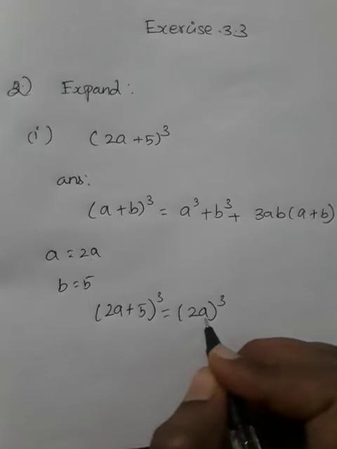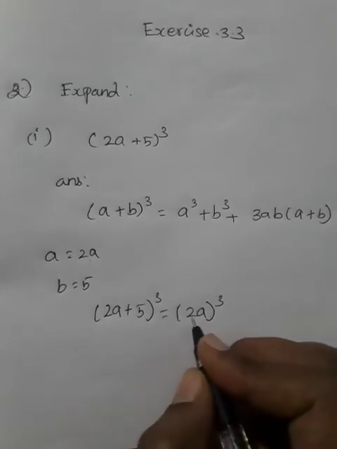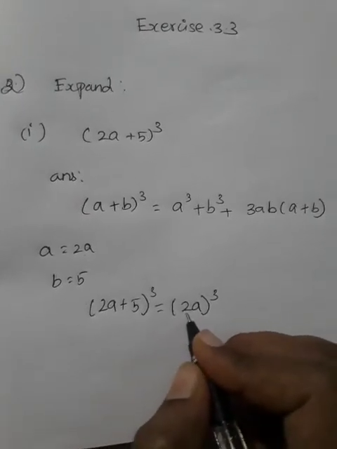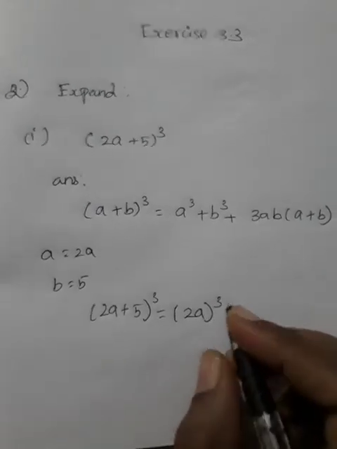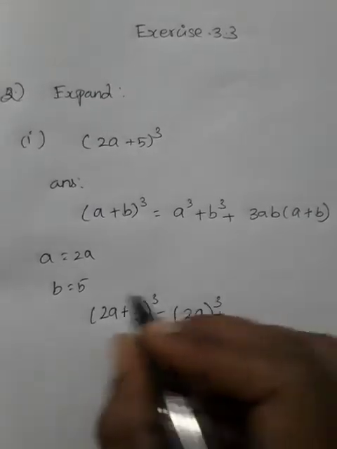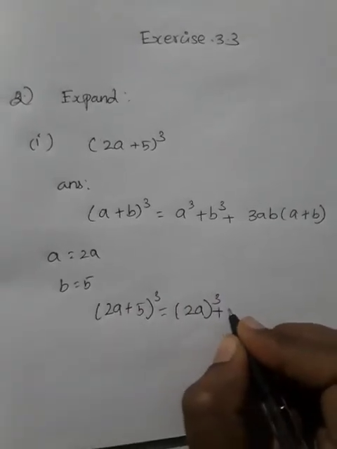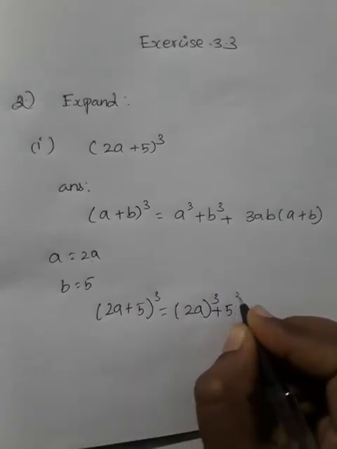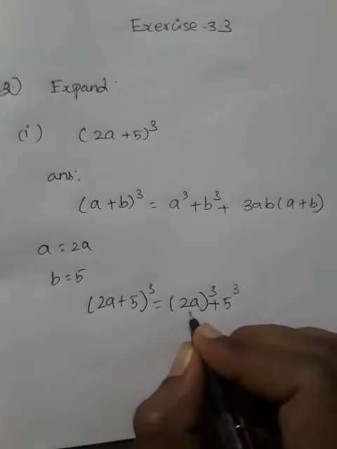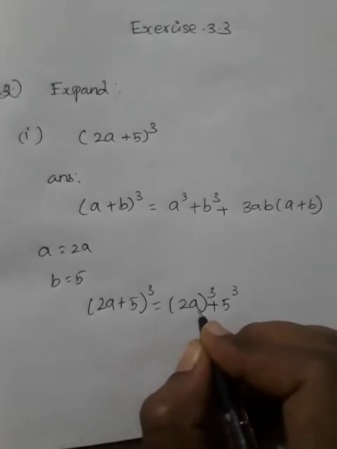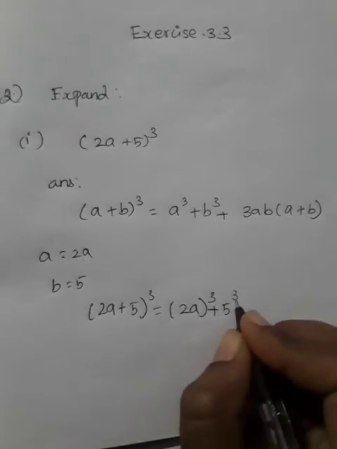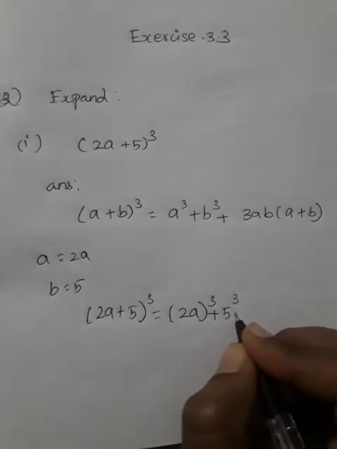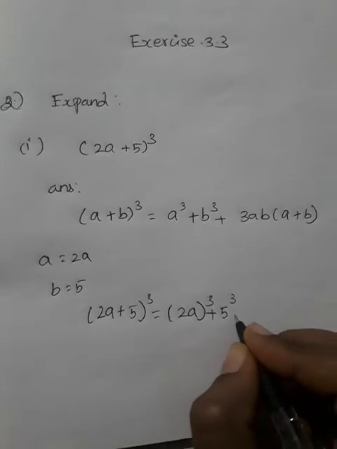If you have one number and one variable, you just put a bracket. Plus in the place of b, 5. Here we have only one number, so directly you can write 5 cube. You understood? So if you have a number and a variable, you just put a bracket. If you have only a number or a variable, you can write it without a bracket.